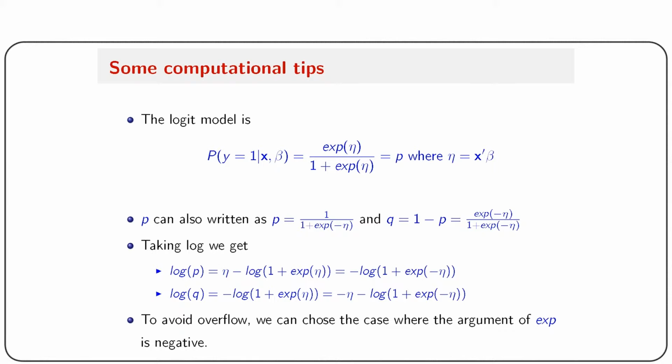Taking log, we get log p equals minus log of 1 plus e to the power minus eta. So we are just converting e to the power eta to e to the power minus eta. To avoid overflow, we can choose the case where the argument of the exponential is negative.